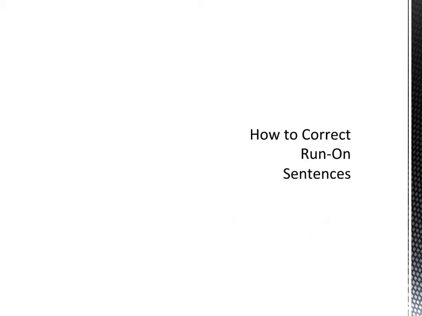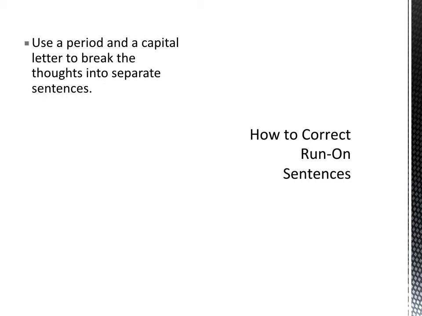So how do you correct run-on sentences? Well, the easiest way to correct run-on sentences is to think about what you already know about correct sentence structure, that each independent clause has a subject and a verb, and we can connect them together in particular ways. The easiest way to correct a run-on sentence is just to separate it into two simple sentences.